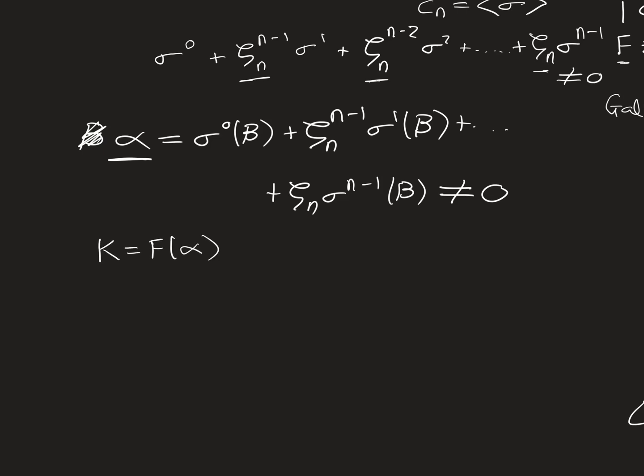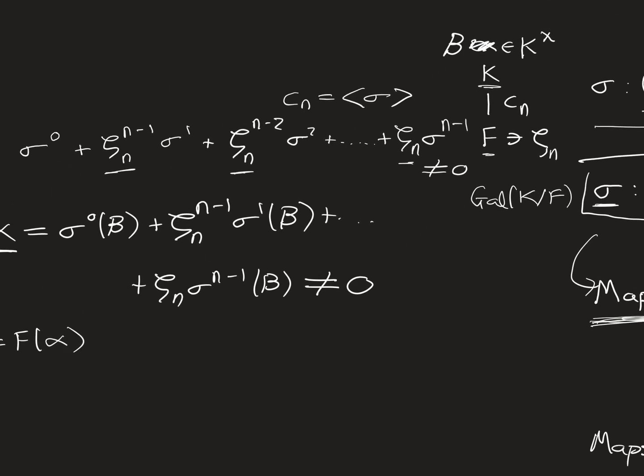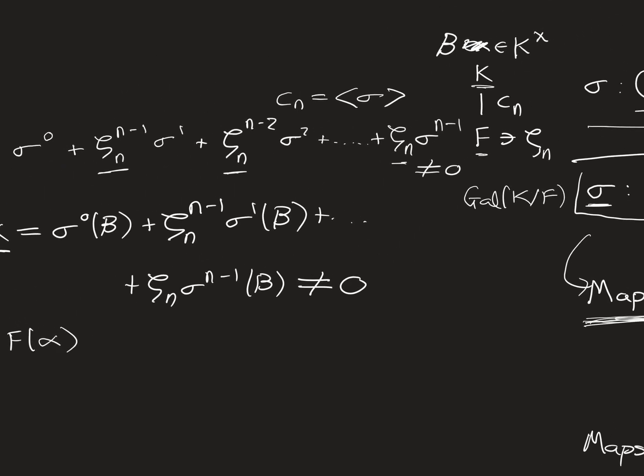And moreover, it's going to turn out that the minimal polynomial for this is going to be one of those Kummer extension polynomials, and that's how we're going to show that this cyclic extension of degree n of a base field that contains a primitive nth root of unity, is in fact a Kummer extension. So in fact, just to revise what we've done so far, we started off with this cyclic extension of degree n with primitive nth root of unity in the base field.